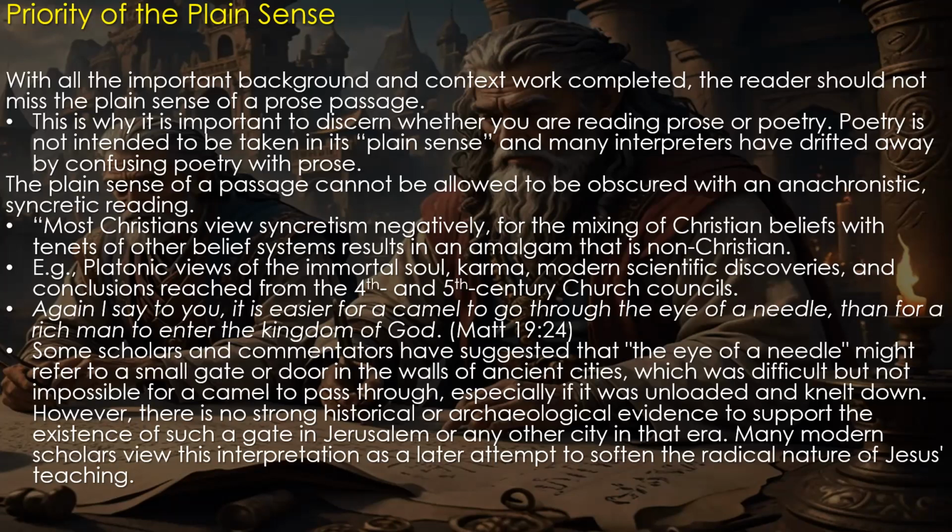Can a camel go through the eye of a needle? No, that's impossible. So the interpreter said, well, Jesus couldn't mean that. So let's find this other meaning where it's not impossible. It could happen if you just kneel the camel down and push him in there. It's like, yeah, it could happen.